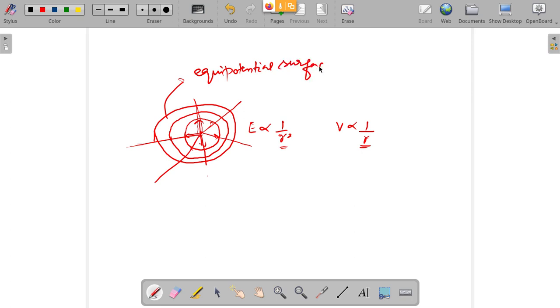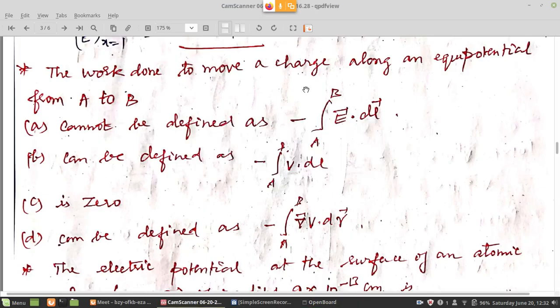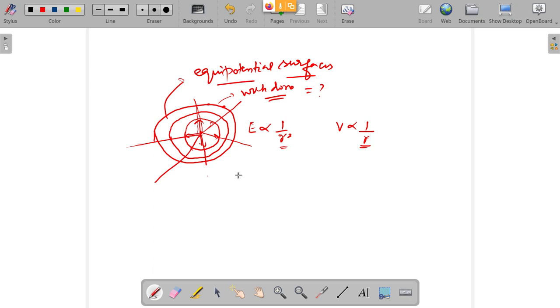Now once you know this as the equipotential surface, on this surface if you want to move a charge, what is the work done? That is the question. Now just think and tell me. It's easy to answer actually. Work done, how will you define? Because the question here is, for such an equipotential surface, work done from 2 points A to B on this spherical surface. Let me define any 2 points.